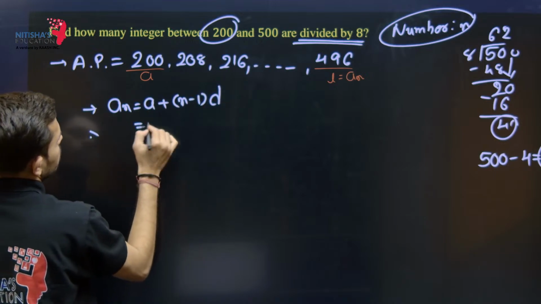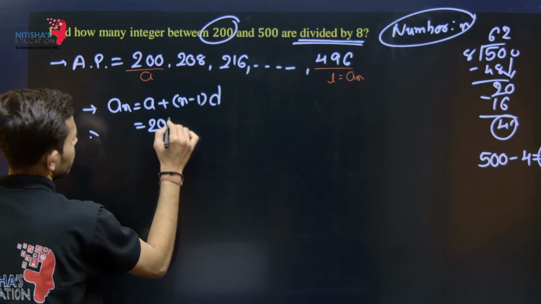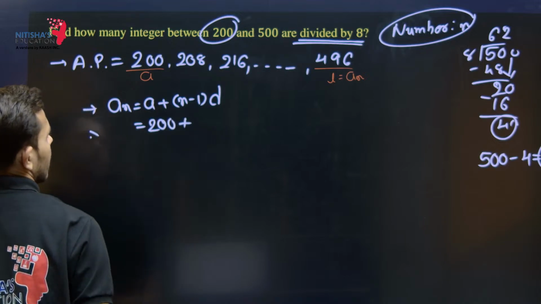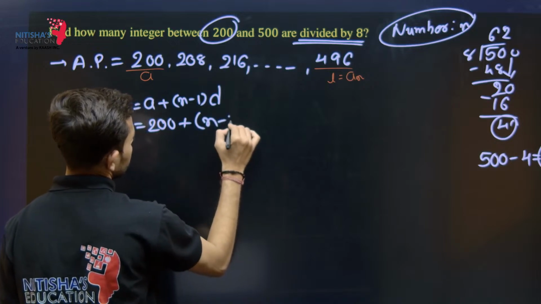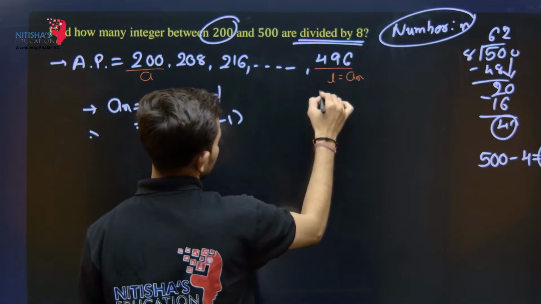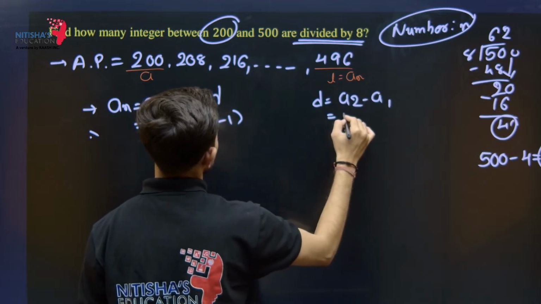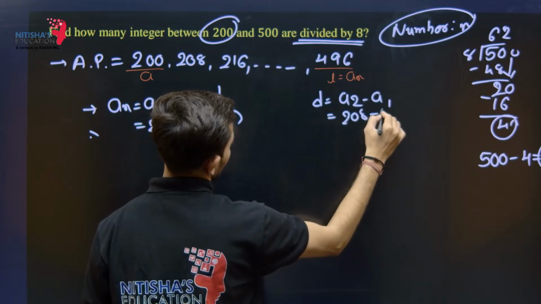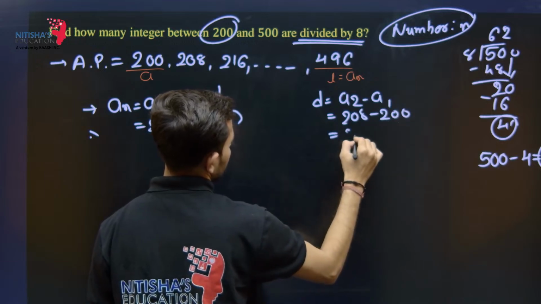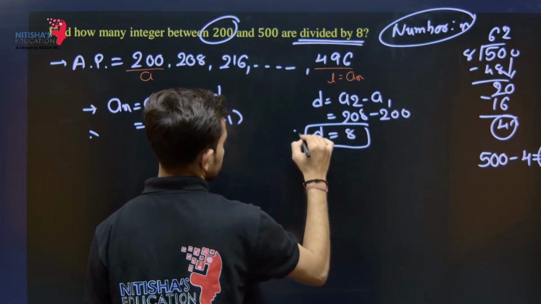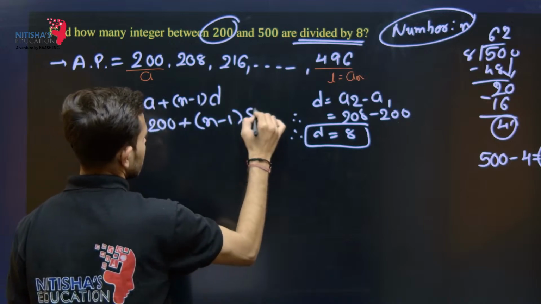Therefore A is equal to 200, plus n that we need to find. D, what is the D? D is equal to A2 minus A1, which is 208 minus 200, which is 8. And what is AN?